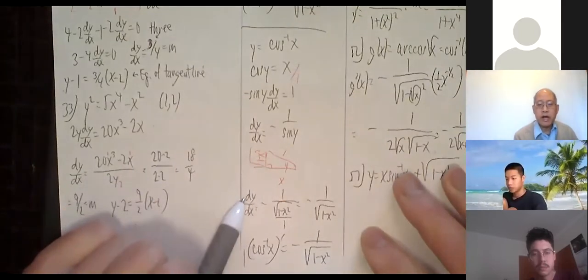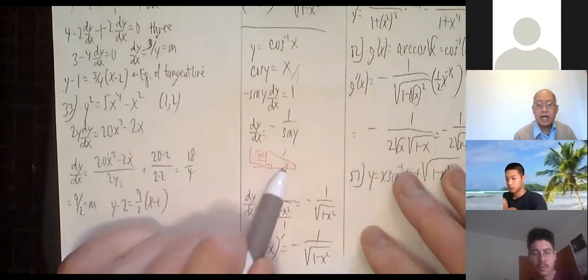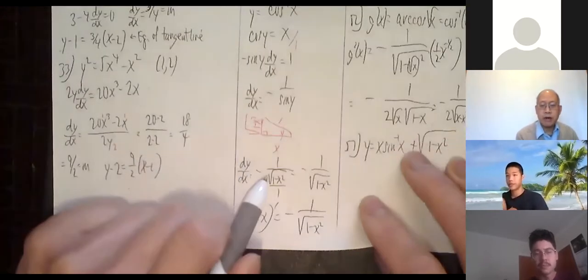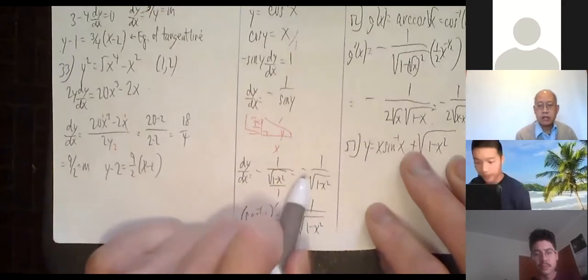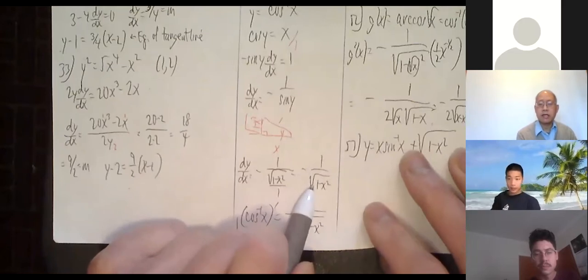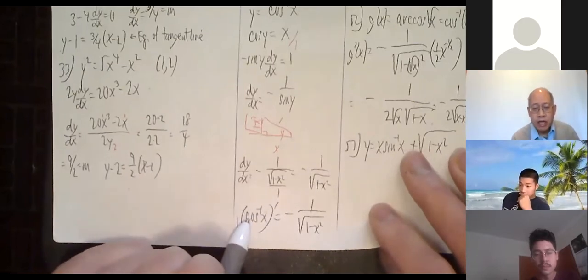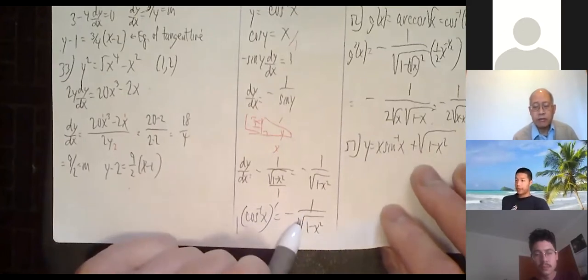So dy/dx is negative 1 over the sine of y. Sine is opposite over hypotenuse, so it's radical 1 minus x squared divided by 1. And again, if you divide by 1, just forget about it. So negative 1 over radical 1 minus x squared. Bottom line, the derivative of inverse cosine of x is negative 1 over radical 1 minus x squared.